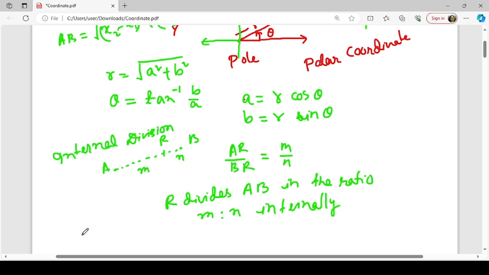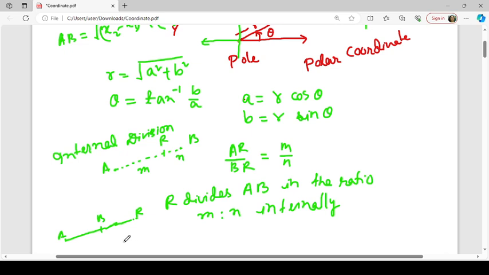And if A is here, and B is here, suppose R is here. So R is lying on the extended AB. So AR is to BR is m is to n.